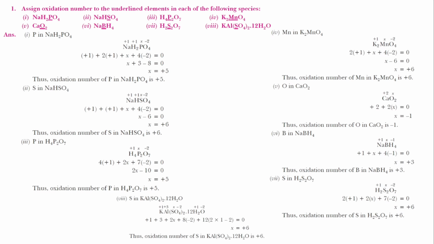So again, these are the NCERT questions. So I think we have done most of them. H2S2O7. I have to calculate for S because this is the underlined atom. So for H, I can write 2 into +1 plus S2, that means 2 into X plus 7 times oxygen -2. So this will be 0.